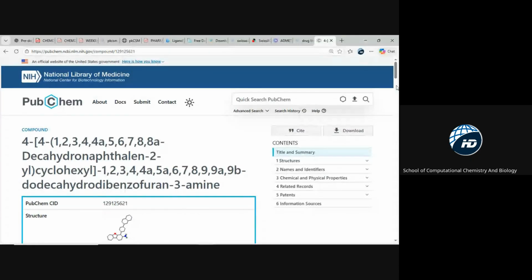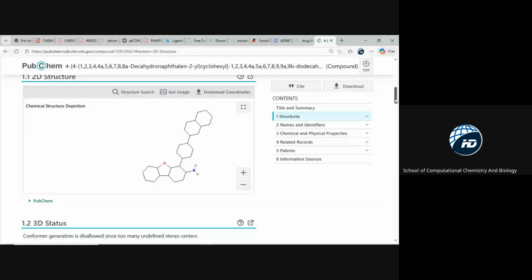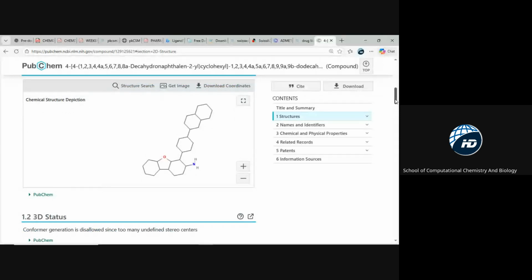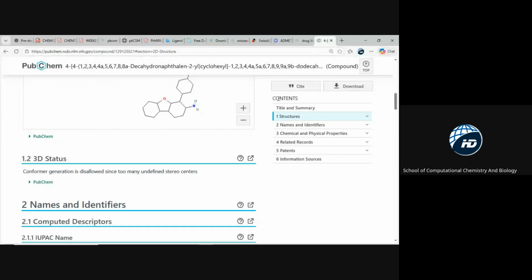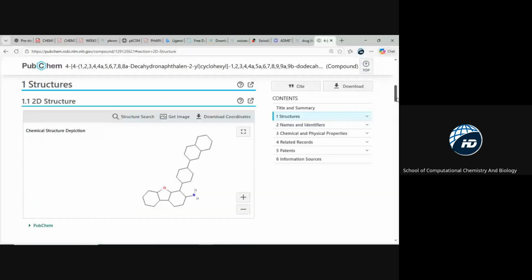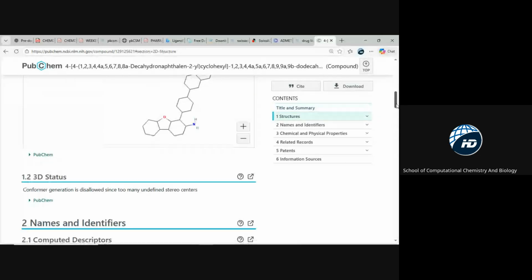To me, the structure is not even showing as if it's something that could be therapeutic. But if you look, the content is scanty. There are no biochemical or medical reports. So if any of you can focus on this compound, it's novel.